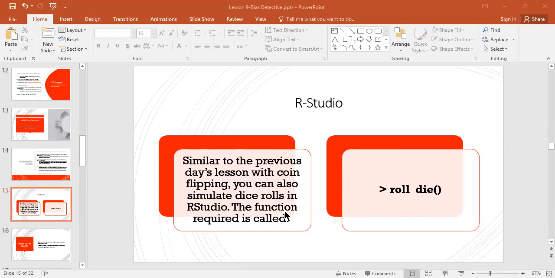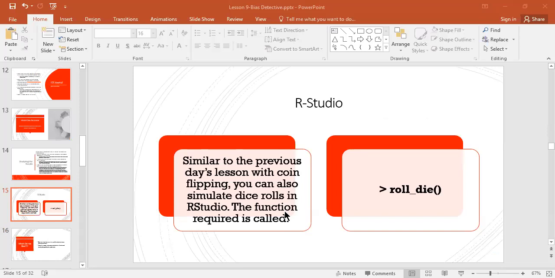Okay, so one of the cool things is we can do the rolling of the dice in the random.org system over and over and over again. However, if we wanted to roll our dice 100, 500 times, without having to press the button over and over again, we could go to RStudio and use RStudio codes. So similar to our previous day's lesson with the coin flipping, you can also simulate dice rolls in RStudio.